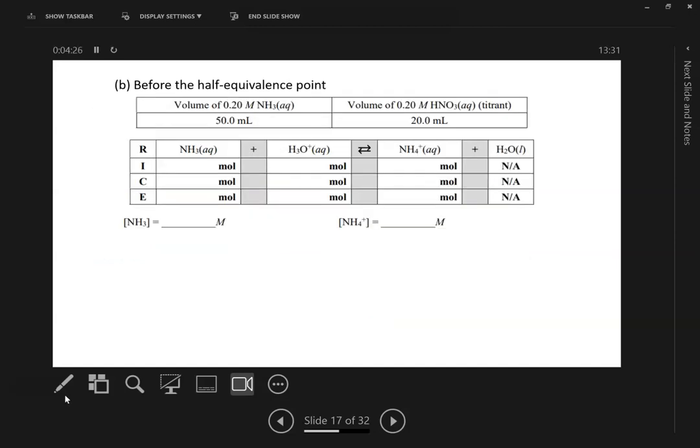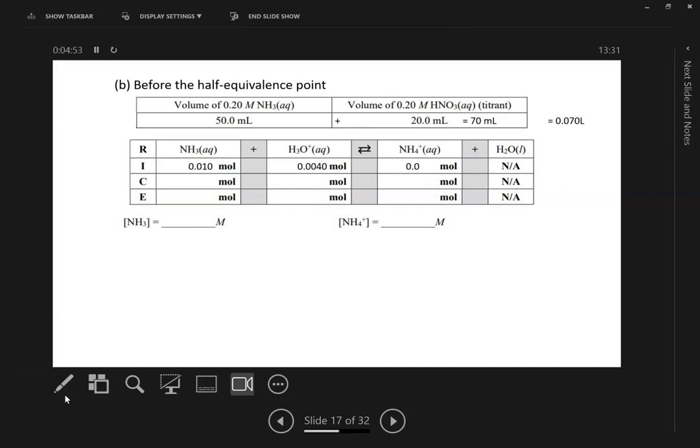All right, now we get to somewhere before the half equivalence point. We're going to add 20 milliliters of 0.2 molar nitric acid, HNO3, and we see that now our total volume is 70 mL, or 0.07 liters. So we multiply our 50 milliliters times our 0.2 molar NH3, and we get 0.01 moles.